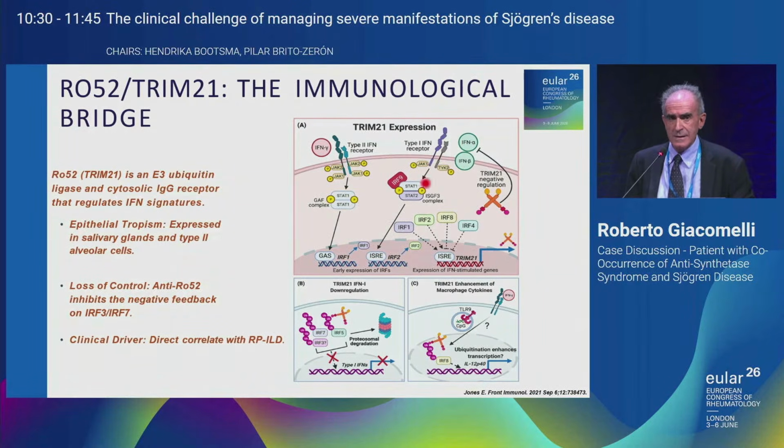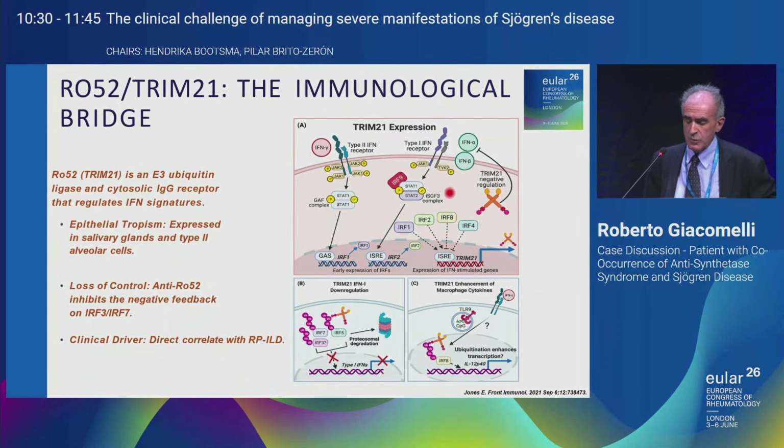After interferon stimulation, the type 1 interferon receptor pathway is able, by cGAS activation, to induce several interferon-related factors in the nuclei of the cells, thus increasing the interferon activity and the interferon production of the cells. But at the same time, a control mechanism is activated, and part of this control mechanism is due to the expression of TRIM21.